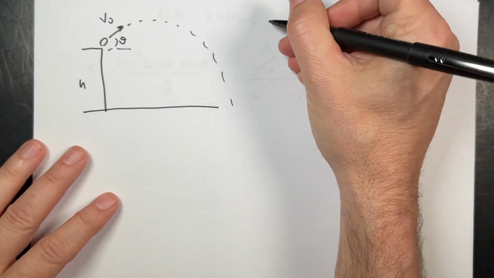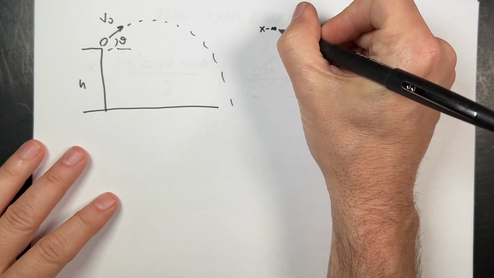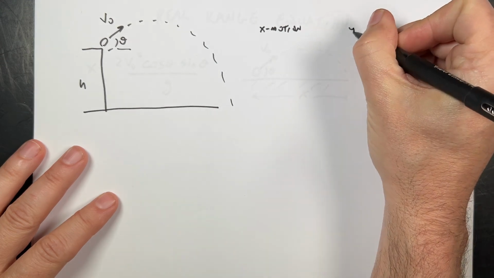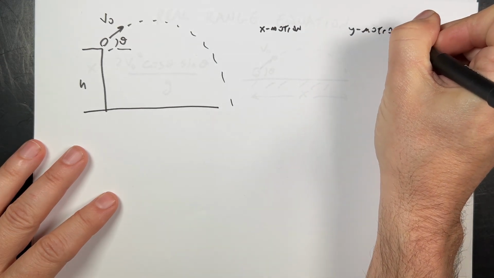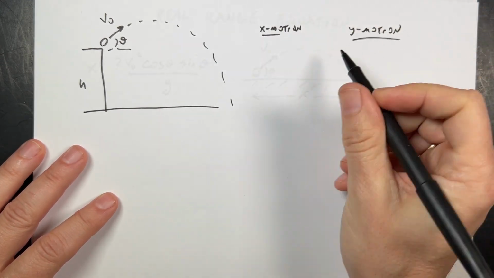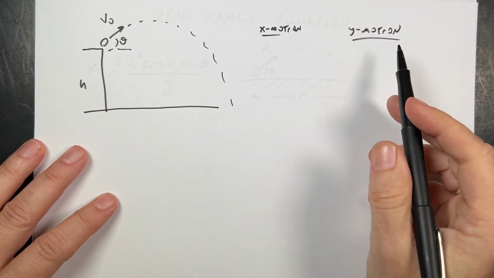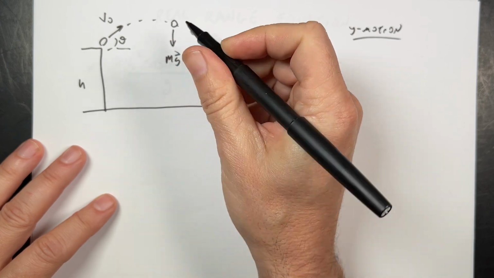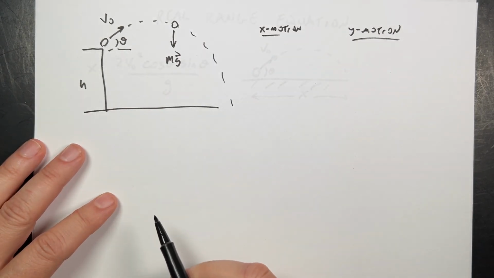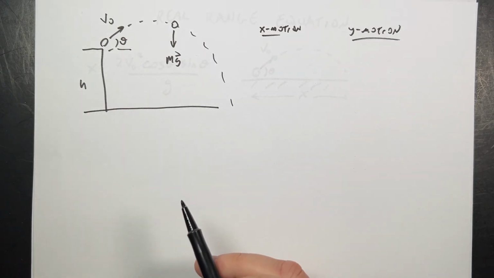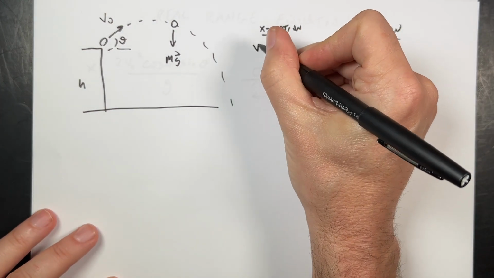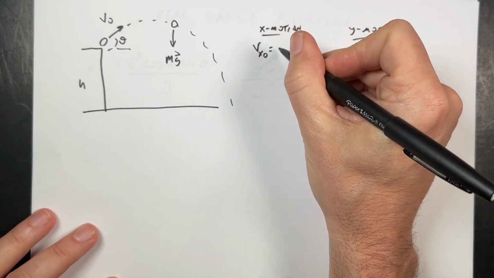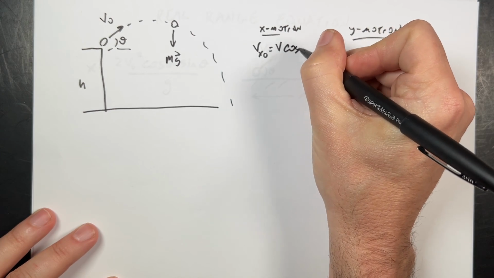For projectile motion, we can break this into an x motion and a y motion. And the key here is that the x motion and the y motion are independent. So at this point in the trajectory, it only has a downward gravitational force. That means in the x direction, the velocity is constant. So I can say Vx0 is V0 cosine theta.